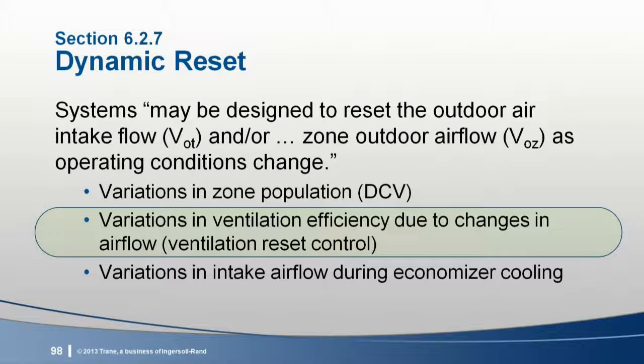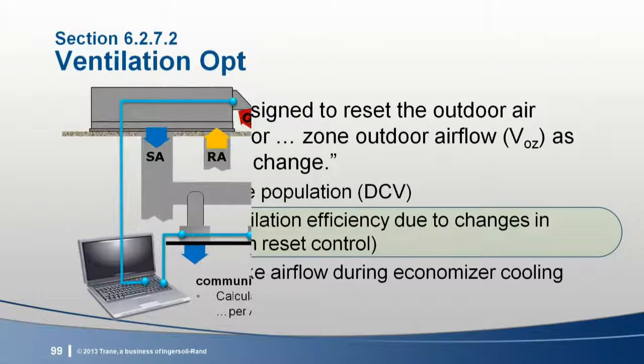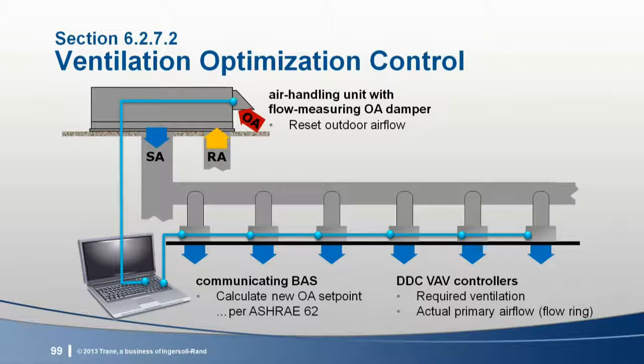Used primarily in VAV systems, it's a strategy that recalculates system-level intake flow as system ventilation efficiency varies due to changes in zone airflow. A typical VAV system is designed to bring in at least the minimum intake airflow required for proper ventilation of the critical zone.